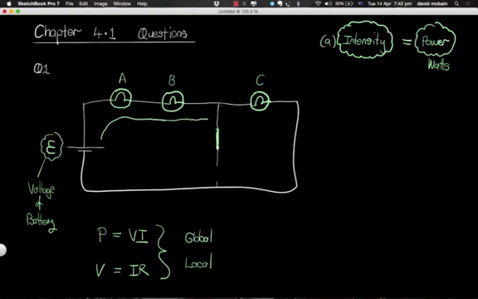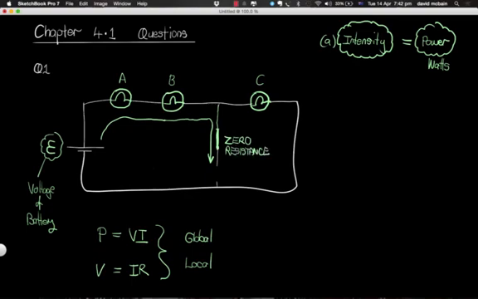It can actually go through globe C or down this switch. Now, what actually will happen is that basically all of the current will go through the switch. Why? Because there is 0 resistance through this part of the circuit.